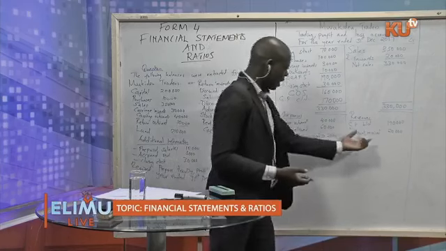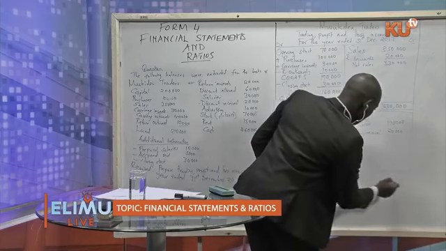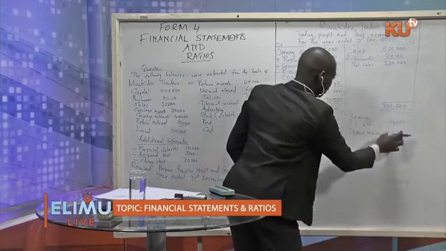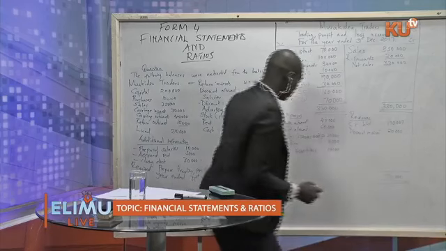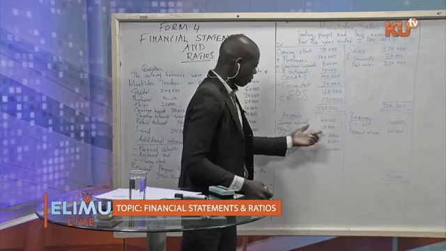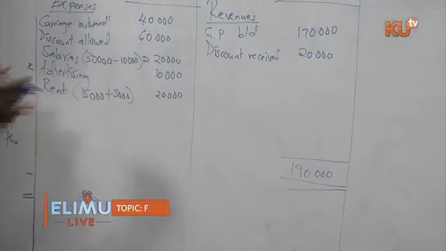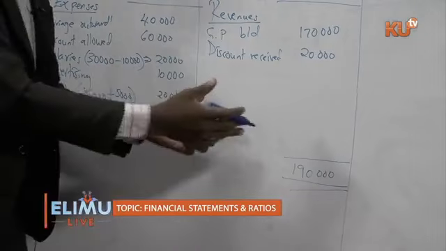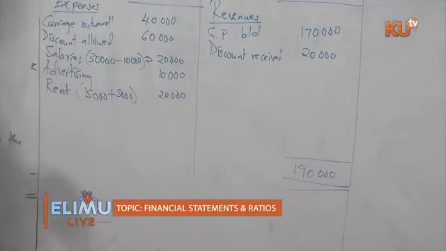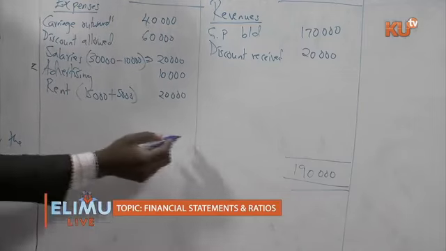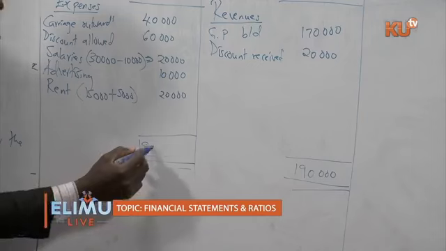Definitely, you can easily tell that the CR will be higher than the DR. The CR has a total of 170,000 plus 20,000, that is 190,000. And so we add this. This is 60, this is 100,000, 120, 130, 150,000. So this side has 150, this side has 190, meaning you have more incomes than expenses. So definitely you make a profit. So we say now that is called net profit.